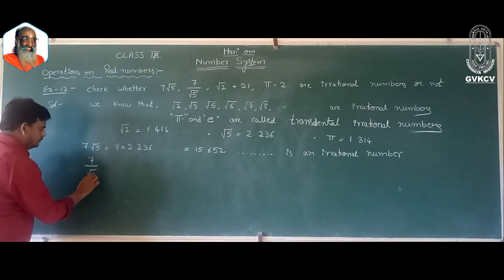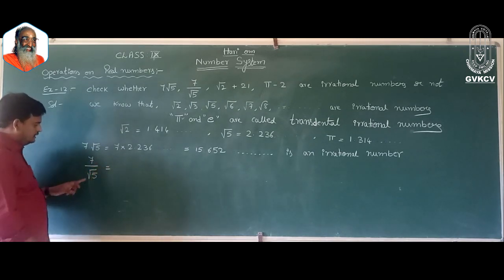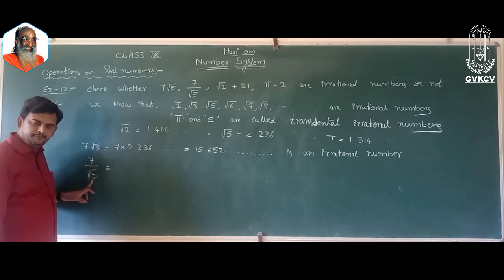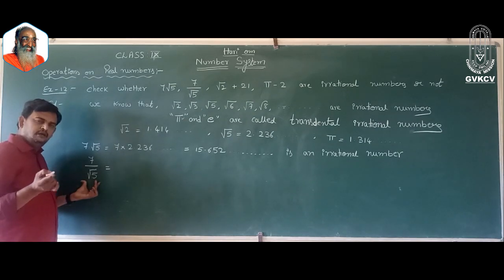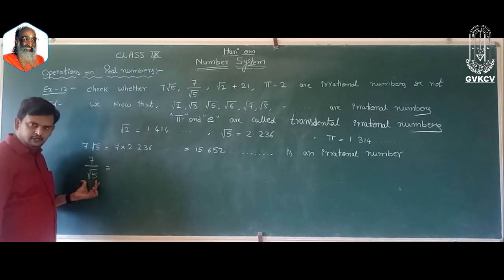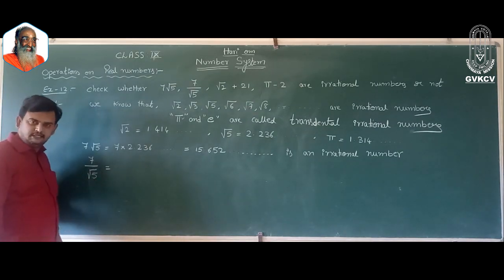Next, coming to the another, 7 by root 5. Here, root 5 is in the denominator, means an irrational number is in the denominator place. In the denominator, the value should not be an irrational number. Whenever you have an irrational number in the place of the denominator, you need to rationalize it.